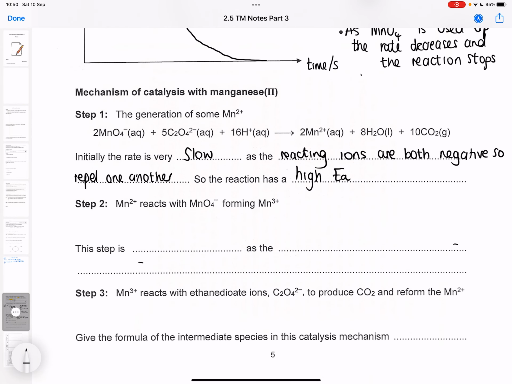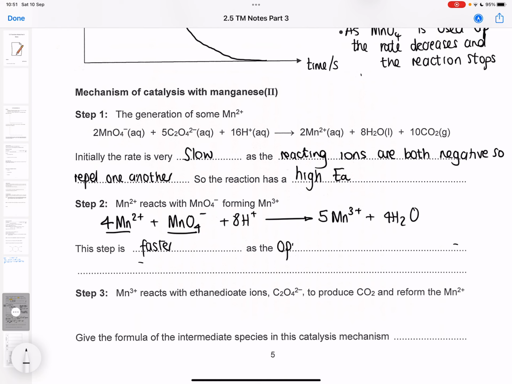So we worked out that we had 4Mn2+ overall reacting with our manganate and acid to form 5Mn3+ and 4 waters. This step is going to be a lot faster because now we've got oppositely charged ions and they attract one another, lowering the activation energy.